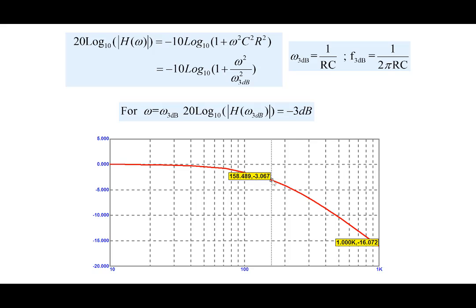Beyond this frequency, the signal is getting attenuated, and so that's the 3 dB point here. This is an important frequency which characterizes the system, because below the 3 dB frequency, the signal is practically, you can see here, at 0 dB.